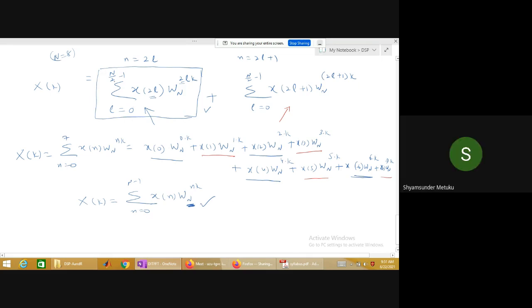Number of samples are half, whereas the twiddle factor is n, isn't it? Respond. Yes, sir. If you look at this box, what is missing is the number of twiddle factors capital N, but my samples are only half, n by 2, isn't it?